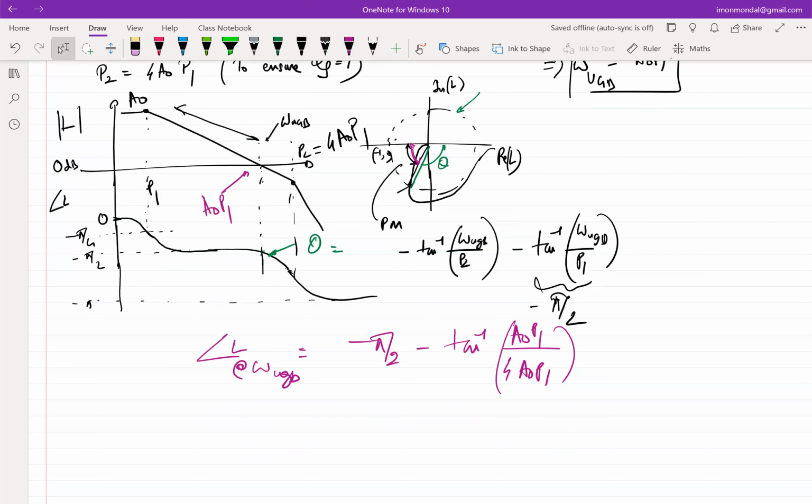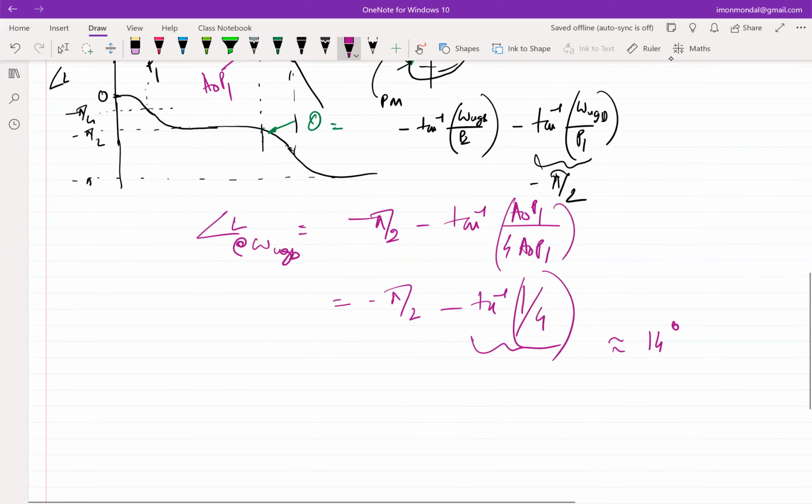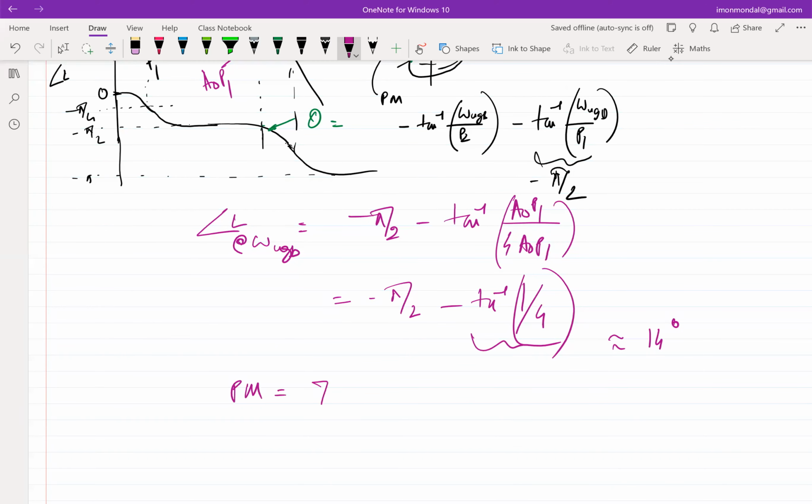So tan inverse 1 by 4. This happens to be approximately 14 degrees. So essentially, your phase margin is 76 degrees for zeta equal to 1.